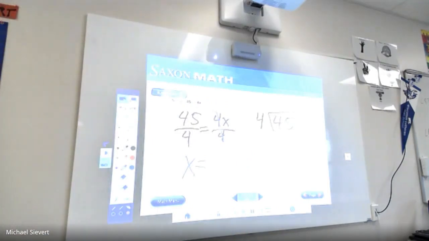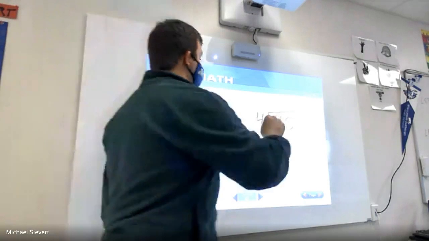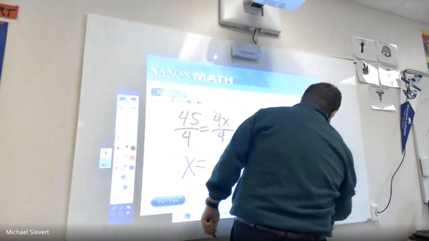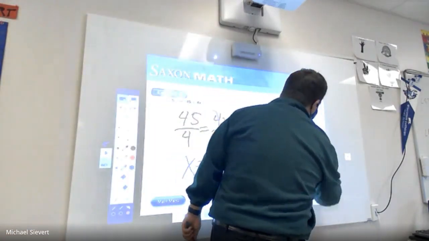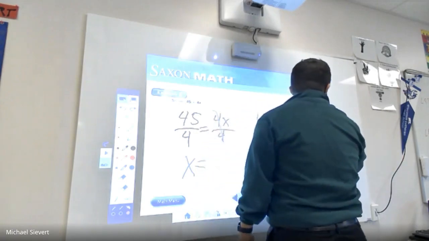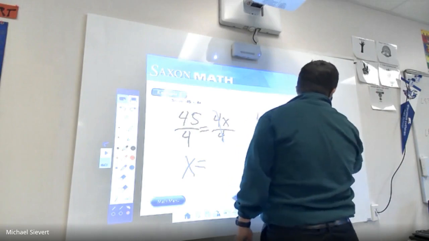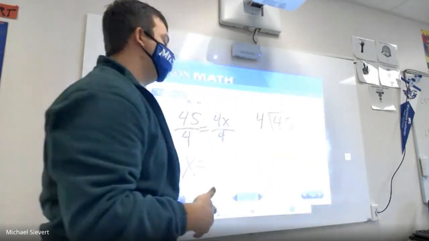How many groups of 4 go into 10, London? 2. Thank you. Which gets us 8. 10 minus 8, I'm going to bring it up here, so please don't be confused. Which will be 2. You're going to have to add a 0 here. Bring it over here. Please make sure you have enough space. I poorly did mine.